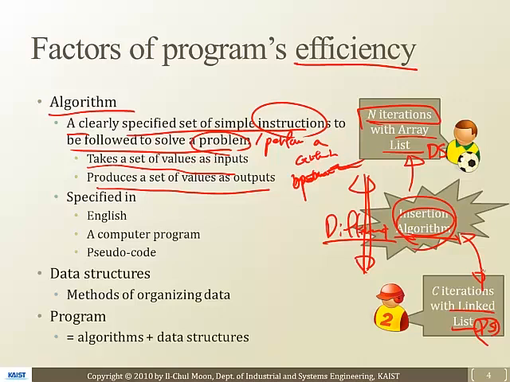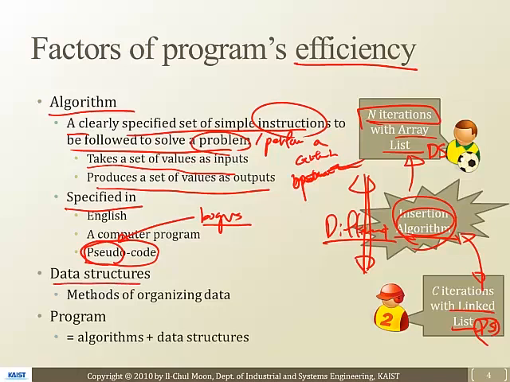Okay. Having said that, algorithms can be specified in English, as a complete program, or as pseudocode. I will explain more about pseudocode later. Pseudo in English means bogus, right? It's fake. It's not going to run, but it delivers the concept. That's the purpose of the pseudocode, and we are going to see an example later, right?